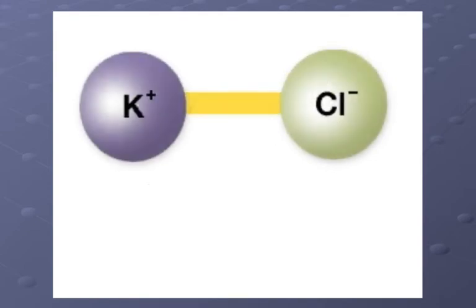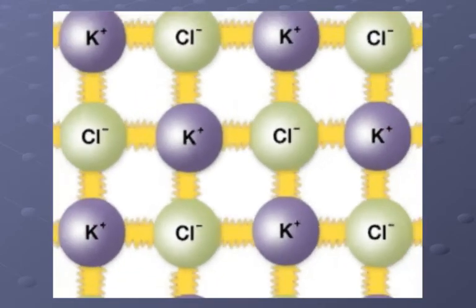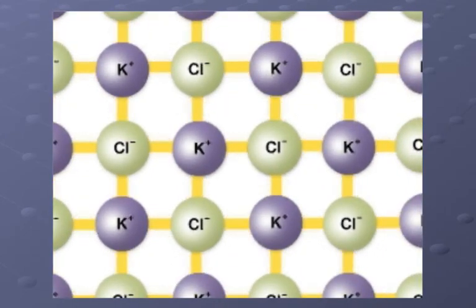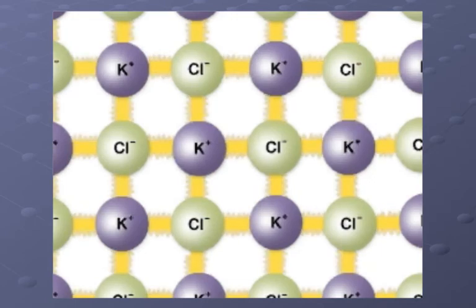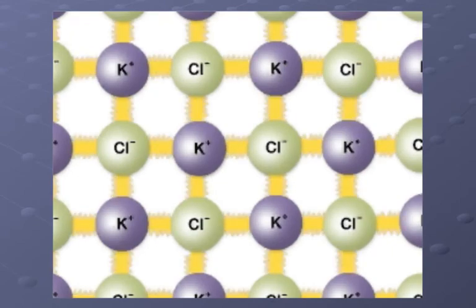The attraction between the potassium and chloride ions is called an ionic bond. In an ionic compound, each cation is attracted by several anions, which are in turn attracted by several cations. The result is a solid, regular array of positive and negative ions called a crystal lattice.